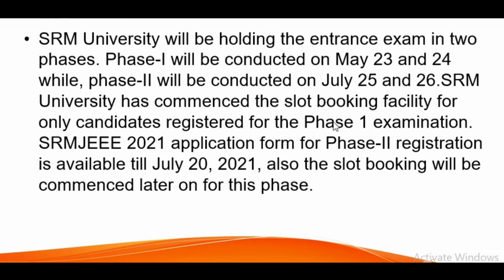The SRM JEE 2021 application form for phase 2 registration is available till July 2021, and the slot booking will be commenced later for this phase. So still they did not release any slot for phase 2, so don't panic. All of this I'm explaining now is for phase 1 students.